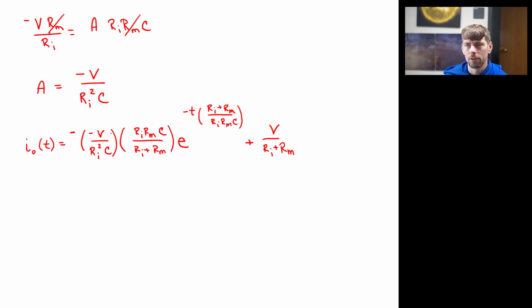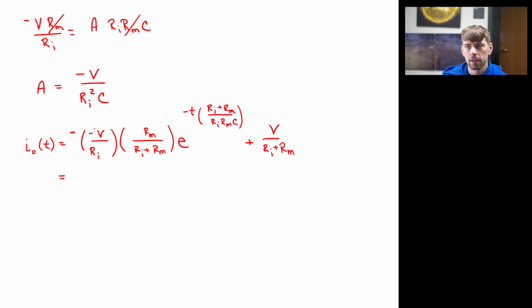You have a little bit of goody-goody, right? One of these Ris cancels this R right there, so I'll take care of that. And we have a C that cancels the C. And so we could do a little bit more simplification.